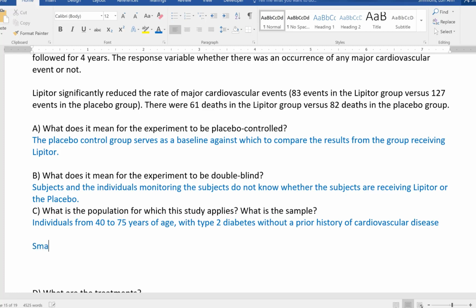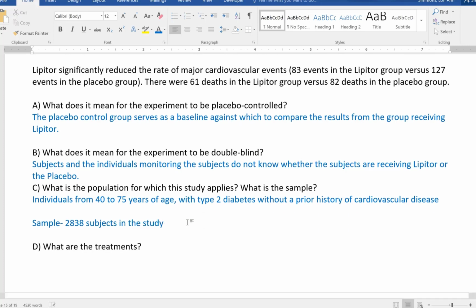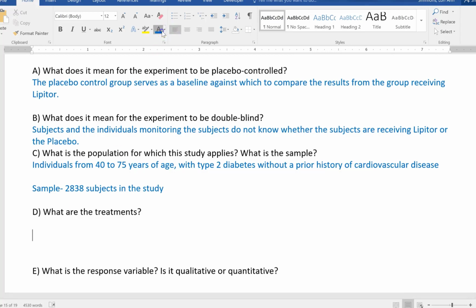What is the sample? The sample is the 2,838 subjects in the study. What are the treatments? 10 milligrams of Lipitor daily, or 10 milligrams of a placebo daily.